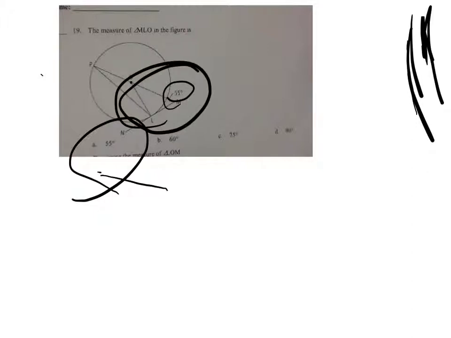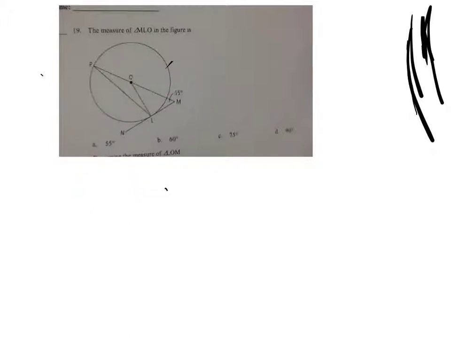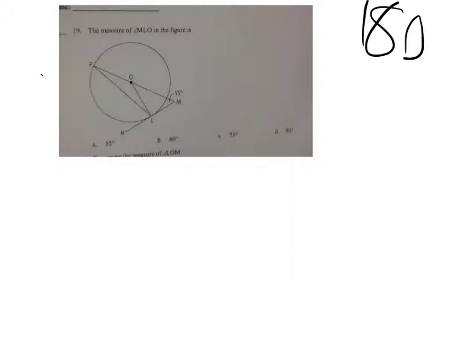But I don't know, because as you know, with any triangle, the total amount of degrees is supposed to be 180.